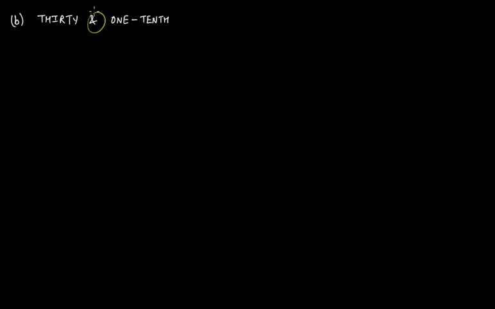The next one is 30 and 1 tenth. Again, this "and" represents plus. This is 30, so clearly 30 plus 1 tenth. Now again, this is not "tenth". "Tenth" would mean the tenth place, there's a slight difference only, but 1 tenths will represent the fraction 1/10.